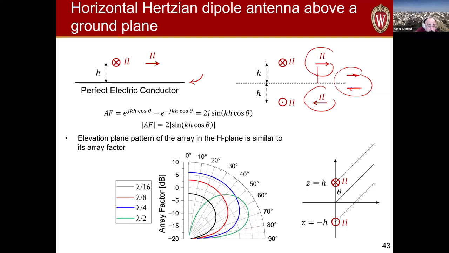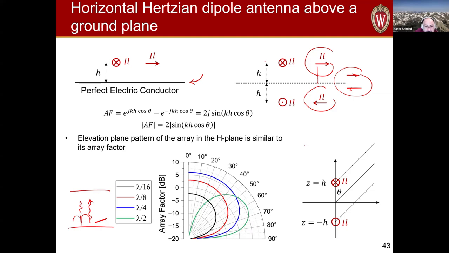But there are reasons why we may want to use horizontally polarized antennas as well. One of these reasons that I mentioned was maybe we want to have NVIS type applications, and in an NVIS type application, you want to launch your wave directly towards the ionosphere. In that case, if you're dealing with a dipole antenna, using a horizontal dipole makes more sense than a vertical dipole, because the vertical has a null in that direction.